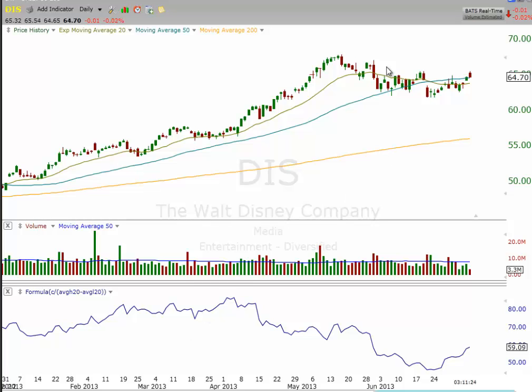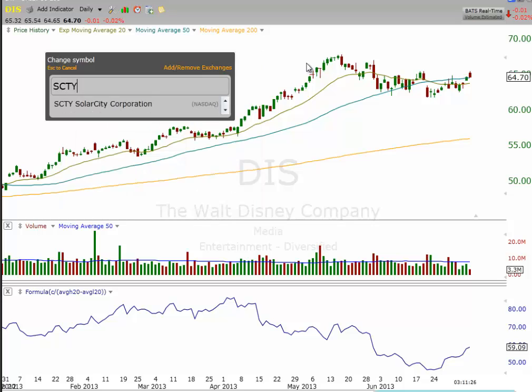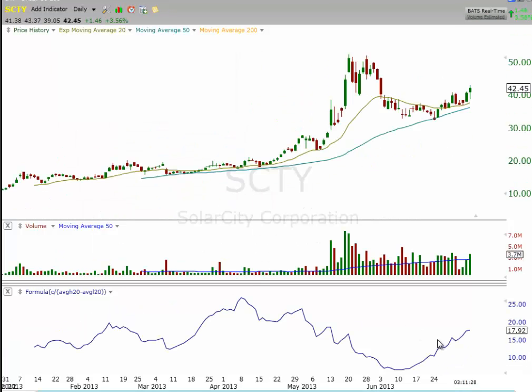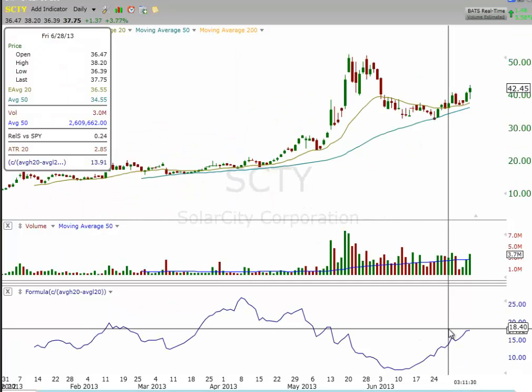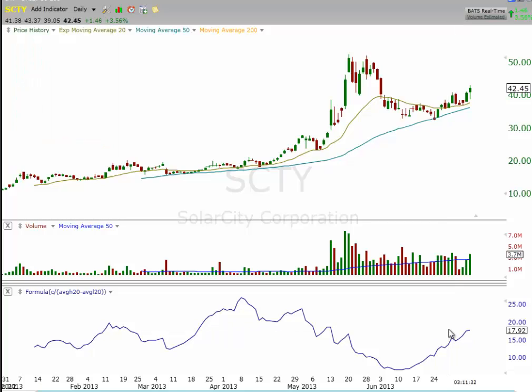For example, that would be a stock like Solar City, which trades at 18 times its ATR. This is a stock that if we were to put in our portfolio, we could expect it to run 20 to 30% in 2 to 3 weeks, as it's done here in the past.